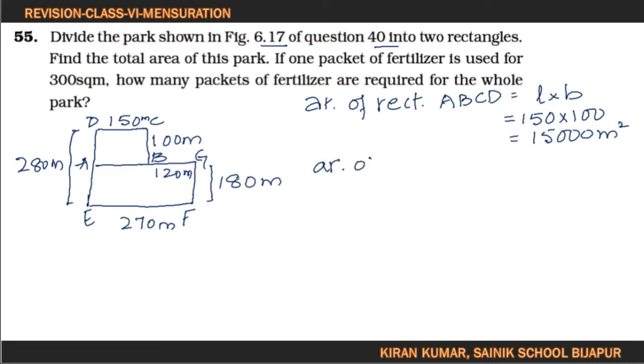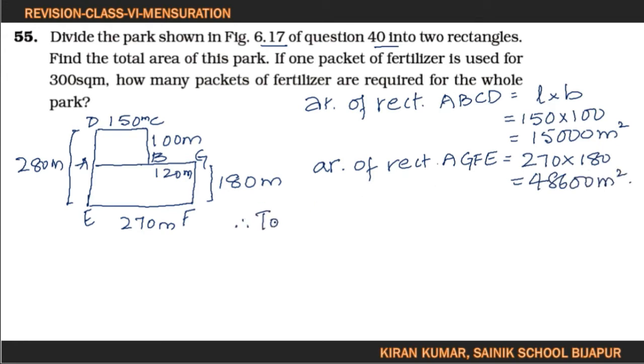Now I'll find out the area of rectangle AGFE. For this rectangle, the length is 270 and the breadth is 180. We get it as 48600 meters square.